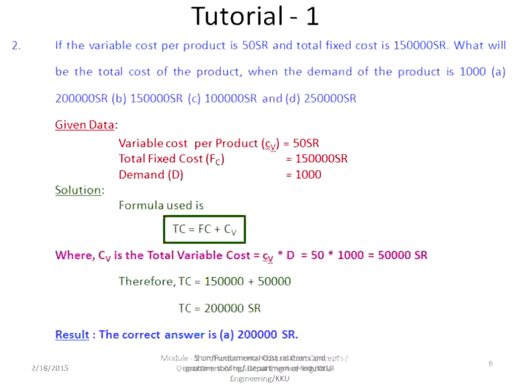This is important. What is this? Variable cost of one product. Is this capital CV or small cv? This is small cv, because this is the variable cost of one product. So I'm just writing it. Let me change the color of my pen.